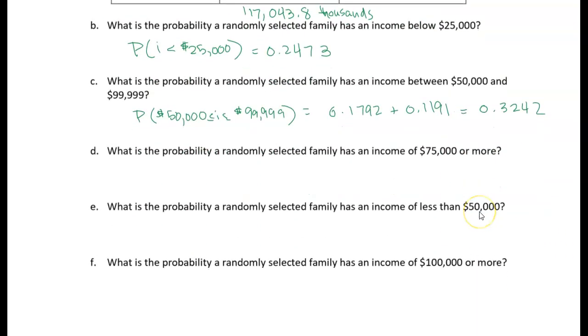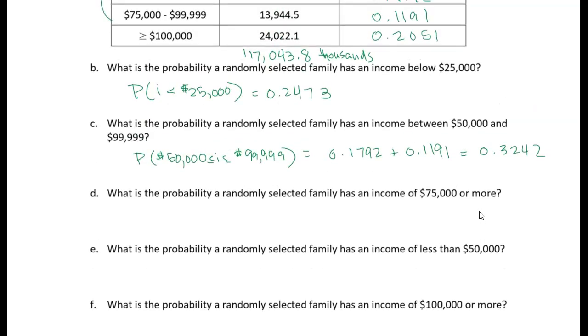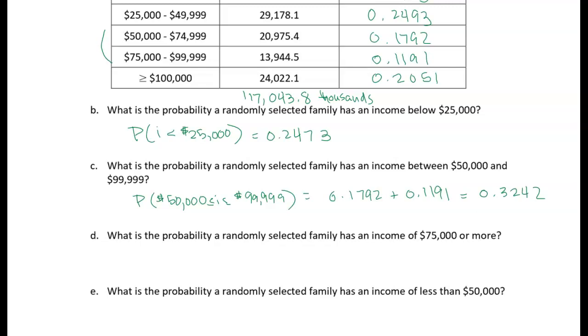All right, so the next question is, what is the probability that a randomly selected family has an income of $75,000 or more? Let me erase this one, because $75,000 is here, but we want $75,000 or more. So basically, we just need to add the probabilities of these two income groups together. So the probability that the income is greater than or equal to $75,000 is just going to be the sum of 0.1191 plus 0.2051.